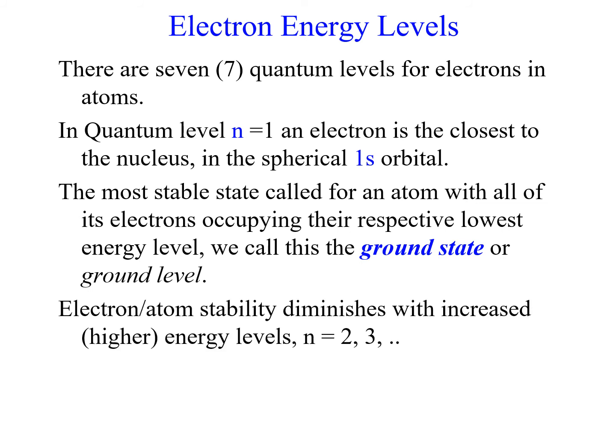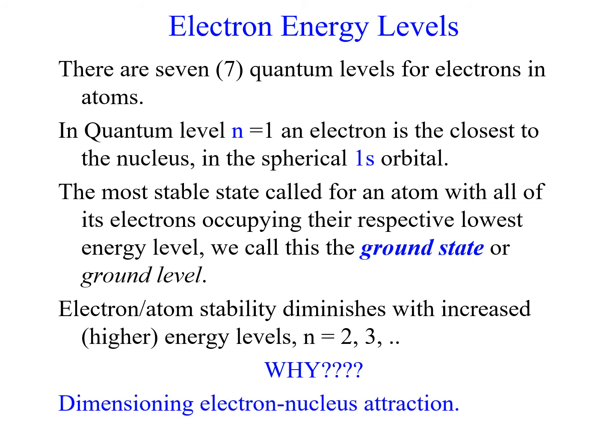The electron stability diminishes with increased higher energy levels. Why would that be? Well, as you increase in energy levels, you're having to get further and further from the nucleus, and so you have a diminishing electron-nucleus attraction.